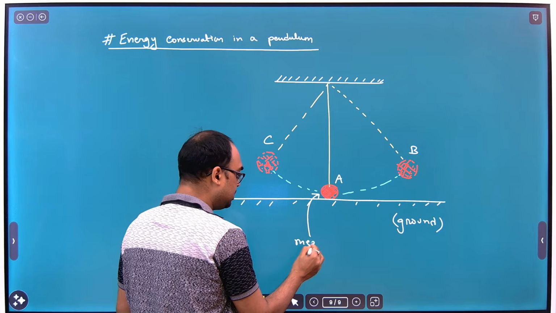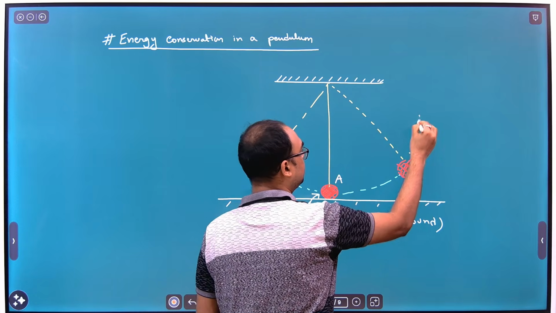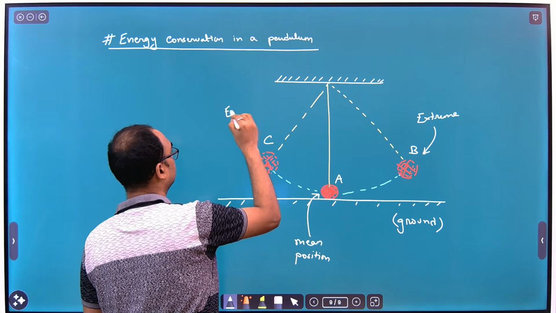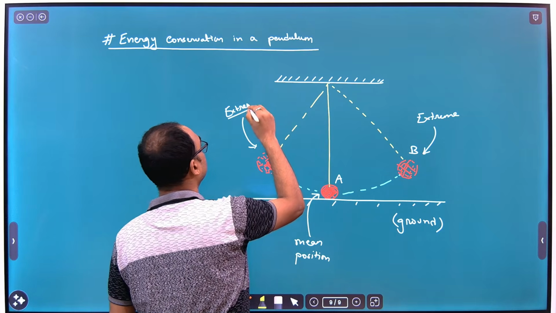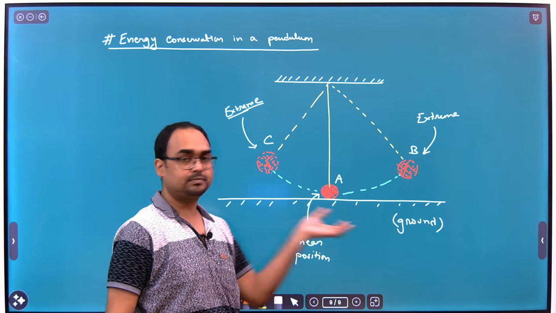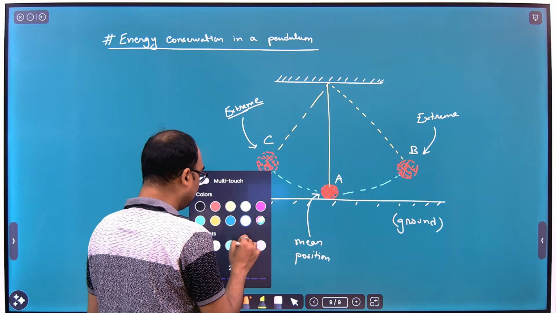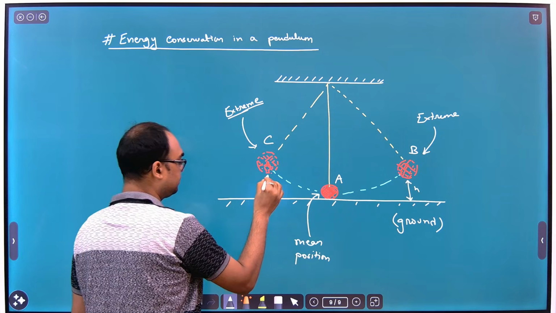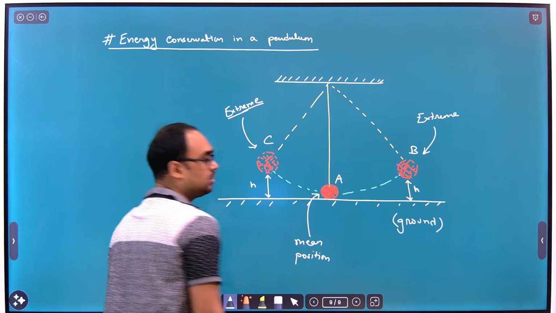A is the mean position, B and C are your extreme positions. The pendulum is swinging. When the pendulum swings, you can see that the pendulum reaches a maximum height of h from the ground.